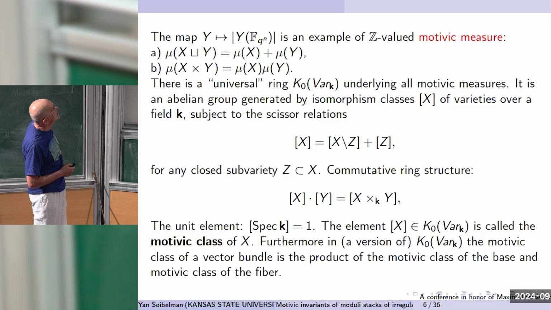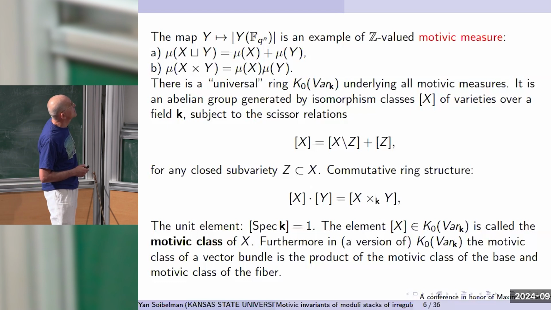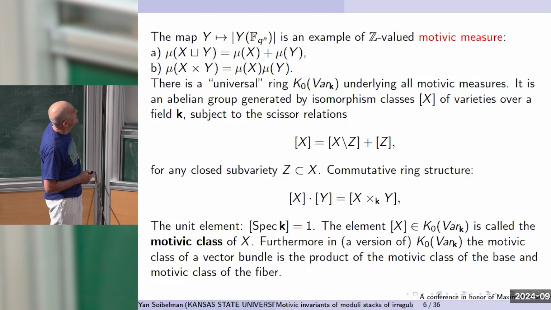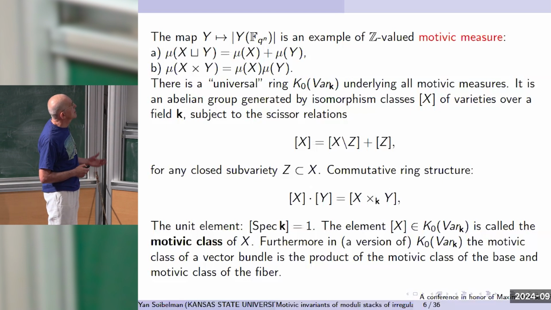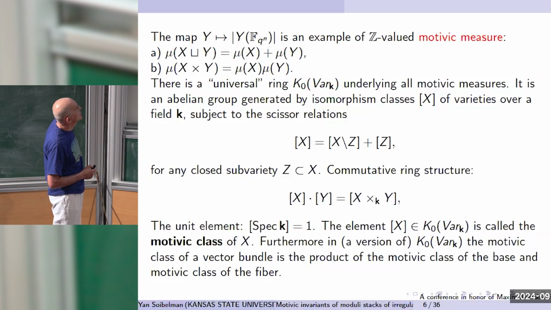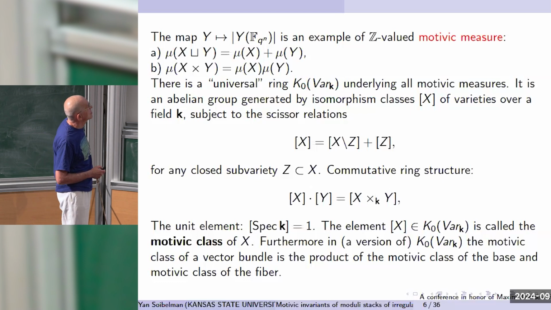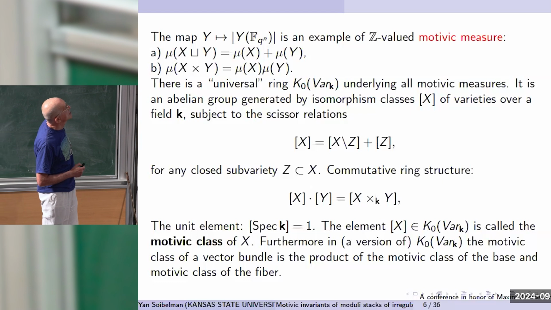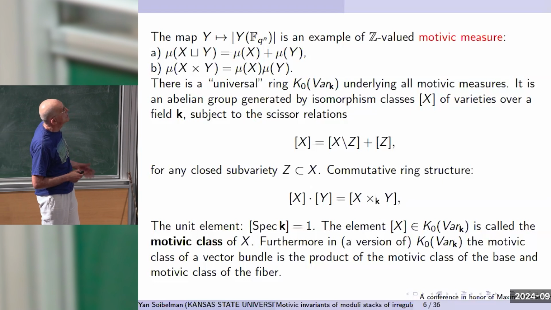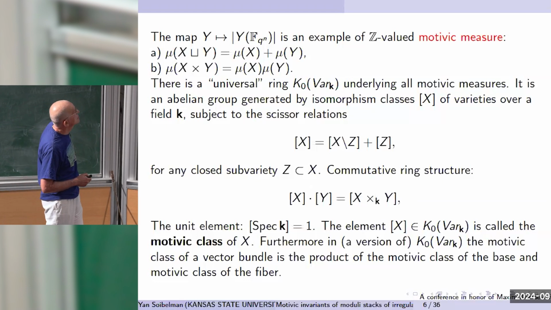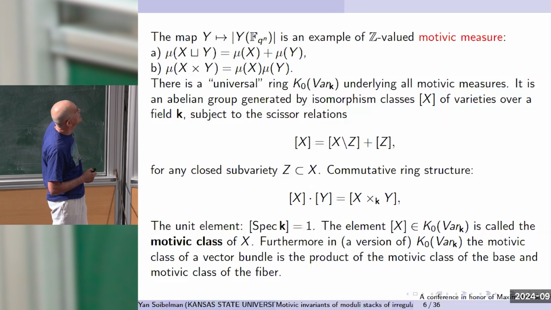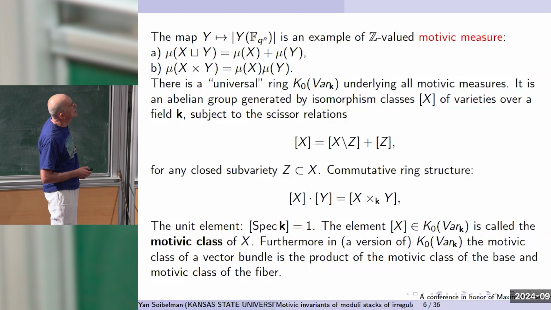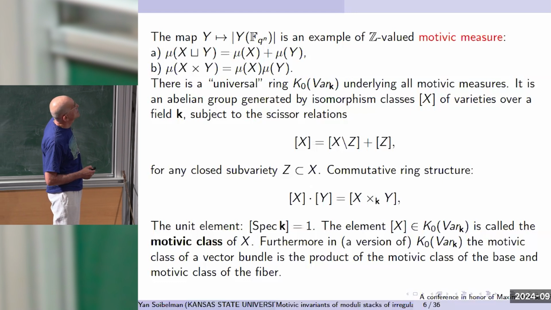It satisfies the standard properties of a measure. Now in motivic integration, people consider the universal ring, sometimes called K0 of varieties, such that this assignment becomes a homomorphism from the universal commutative ring to a particular commutative ring, the integers in this case. So this is the definition of K0 of varieties.